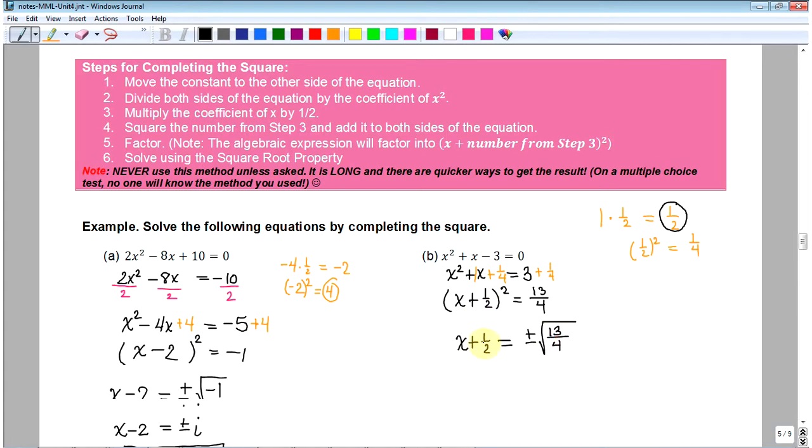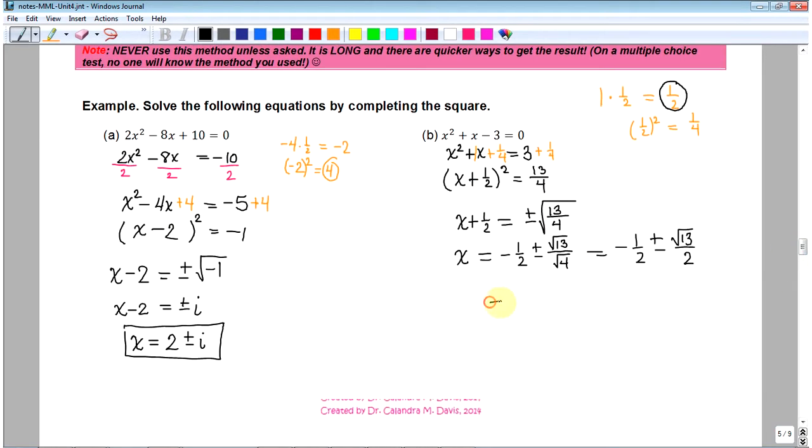My last step is to subtract over the 1/2. So x is equal to negative 1/2 plus or minus the square root of 13/4. When you have the square root of a fraction, that's the same as taking the square root of the top divided by the square root of the bottom. The square root of the bottom is just 2. So we have negative 1/2 plus or minus the square root of 13 over 2.